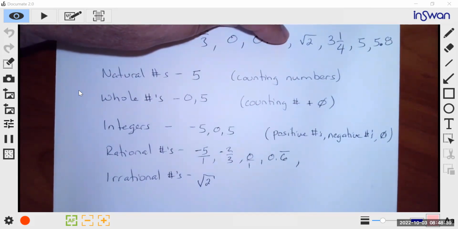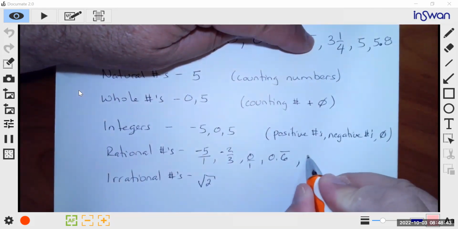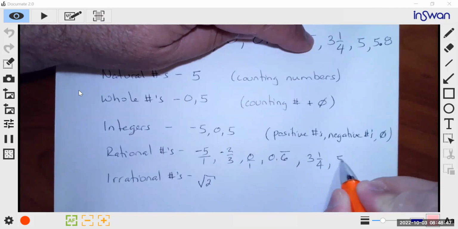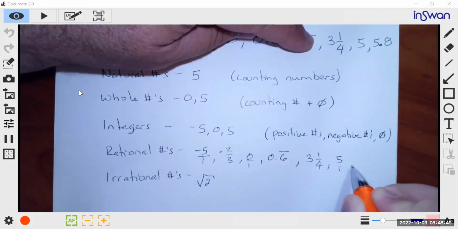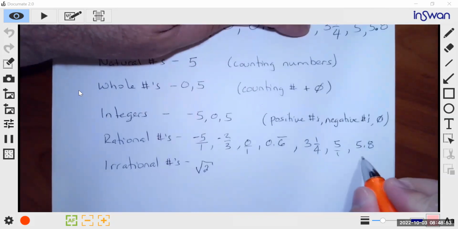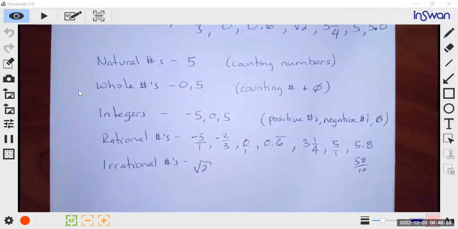So it's an irrational number. 3 1/4, 5, which is 5/1, and 5.8, which is the same thing as 58 divided by 10. It can be written as a fraction.